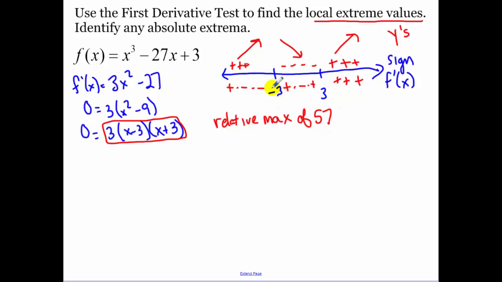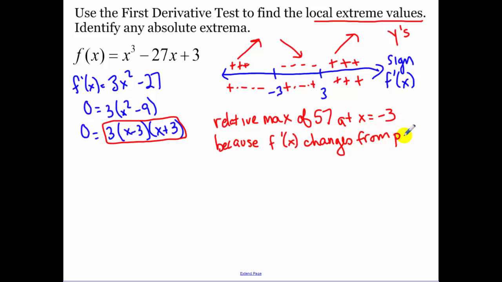I plugged -3 into f of x to get that actual value at x equals -3, because f prime of x changes from positive to negative.